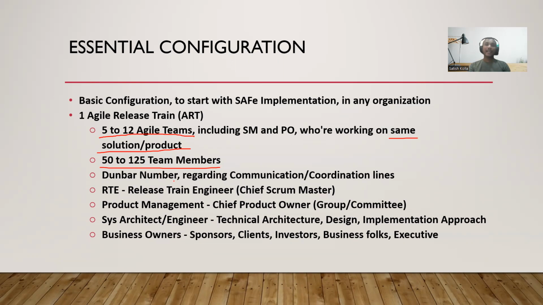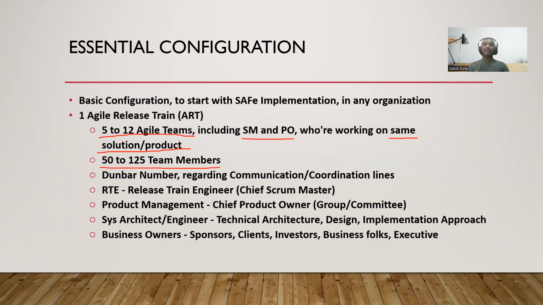That is taken as a baseline, the same way the Scrum Guide gives a reference, and it is taken as a baseline for the recommendation in this Scaled Agile implementation as well. When it comes to the team level, we have the Scrum Master and Product Owner as well as the team members, and we already know about the roles and responsibilities of the Scrum Master, Product Owner, and the team.